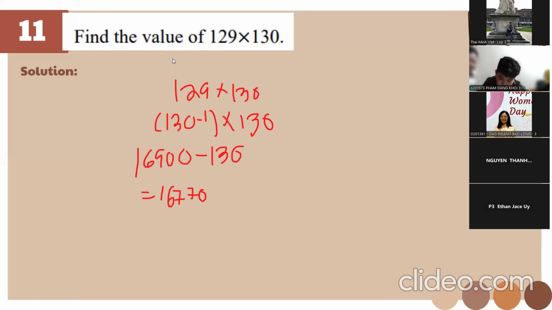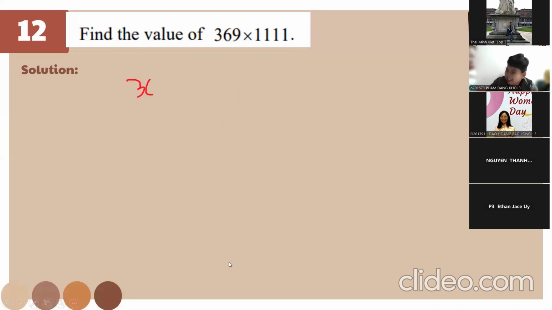Yes, I will go back to number 27. Please wait. So for number 12, we can just do this. 369 times 1111. You can just directly multiply, but you can also do this, 41 times 9.